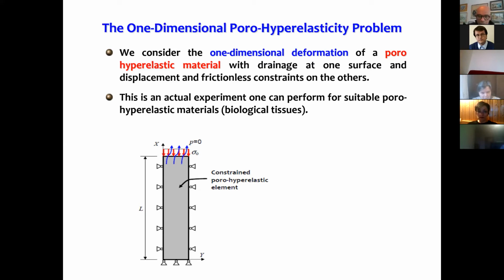So time is really an important consideration, because if it is just hyperelastic, the compression will take place immediately. But if it is poro-hyperelastic, the fluid has to escape, and that escape of the fluid takes time, and that will result in the compression also taking place with time.